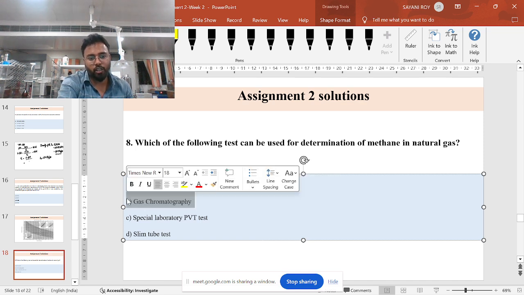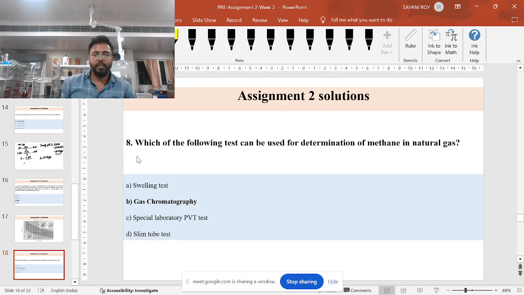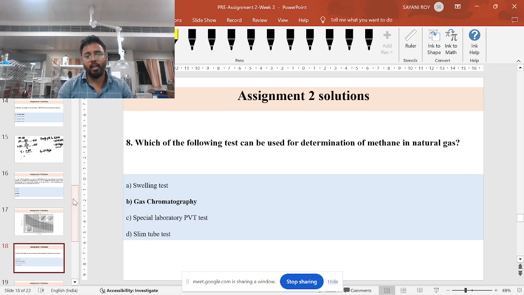The correct option is option B. So this is the answer of the eighth question: which of the following tests can be used for determination of methane in natural gas? The answer is gas chromatography. So let me go to the next question.